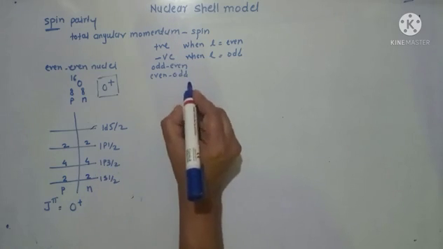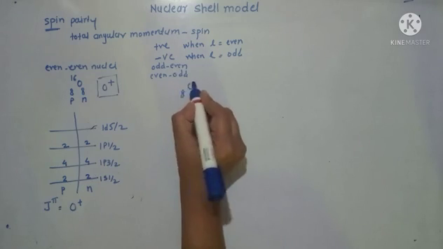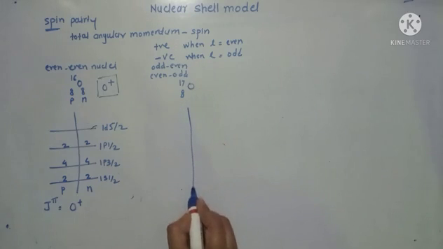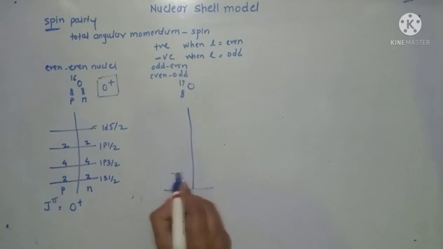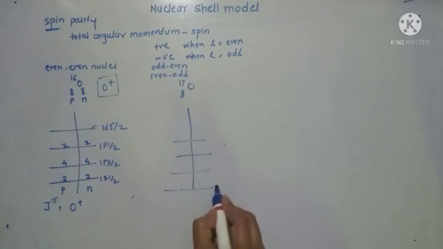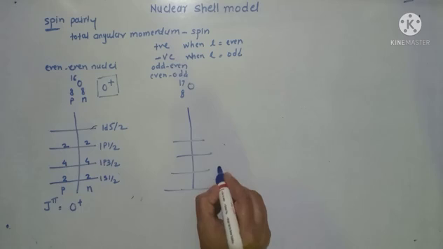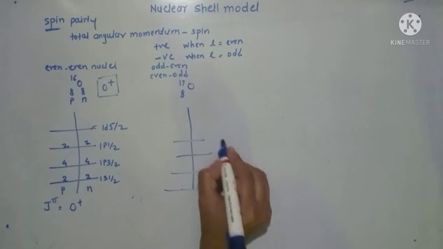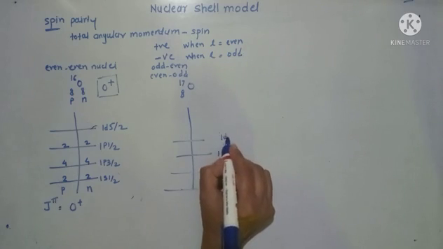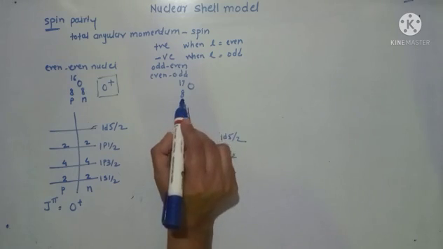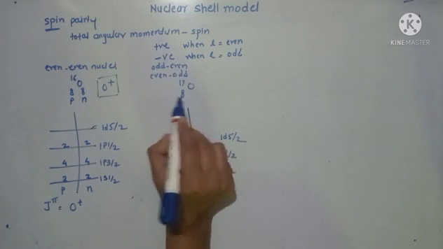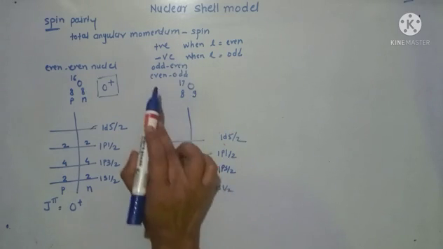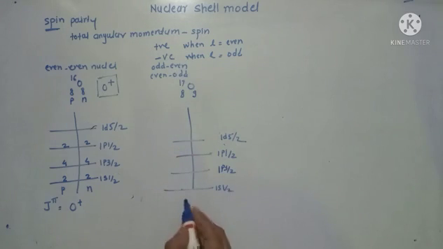For example, if I have 8O17, we are just changing the same example. If I take the same energy levels, 1s 1/2, 1p 3/2, and 1d 5/2, the number of protons is 8, which is even, and the number of neutrons is 9, which is odd. So it is an even odd nuclei.